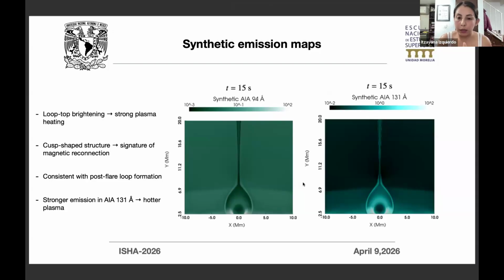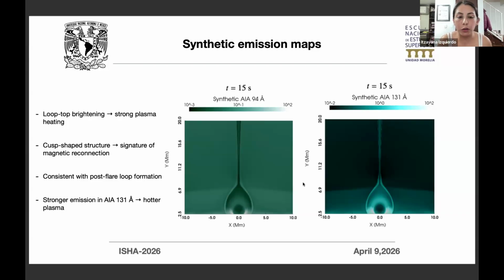And as you can see in the pictures, we have bright emission at the loop top, which indicates the presence of plasma heating.